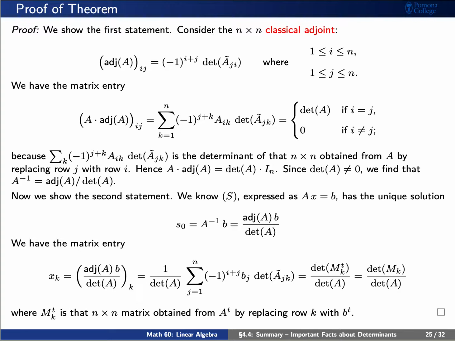Here, we see that we have the determinant of a matrix where we cross out row j and replace in the vector b. We have to be a little bit careful that it's actually b transpose because b is a column, whereas we're actually replacing things with a row. But the determinant of the transpose of this matrix is just the determinant of this matrix.